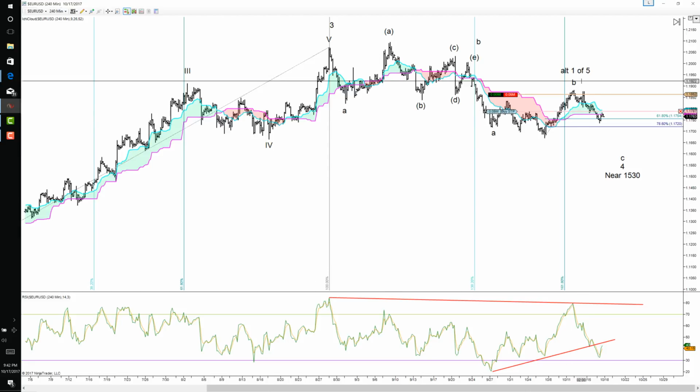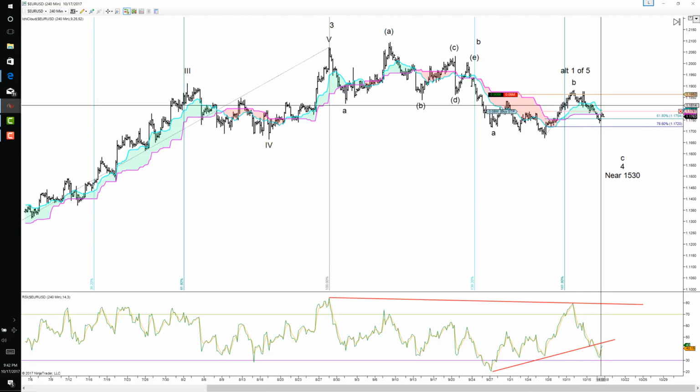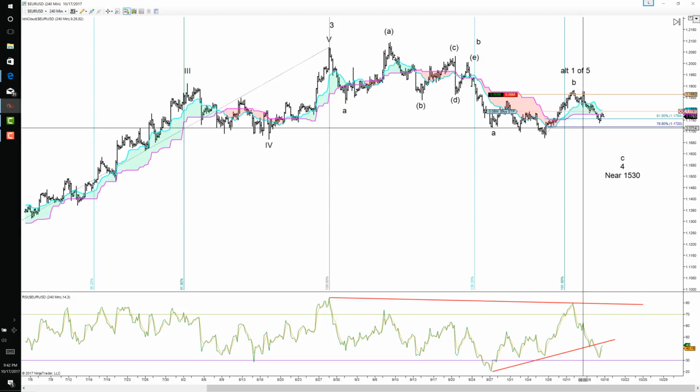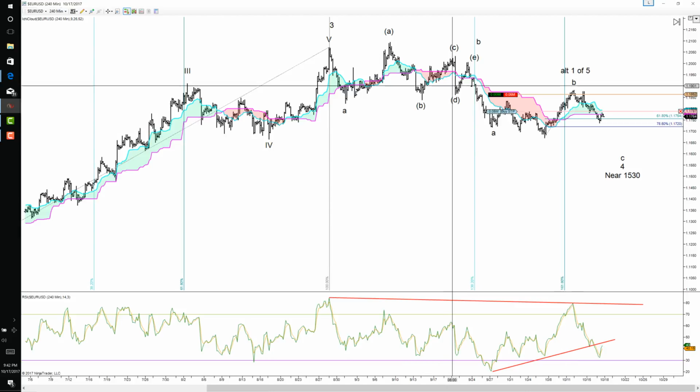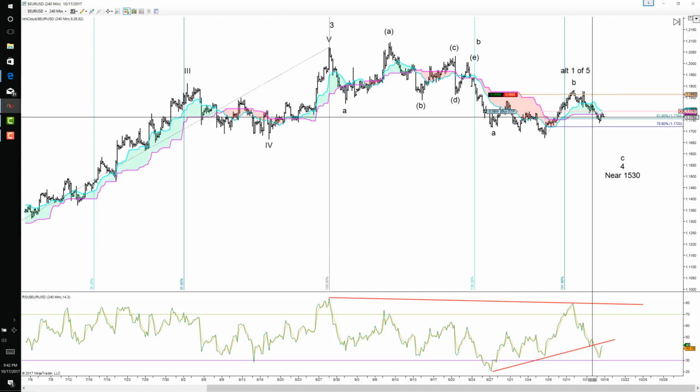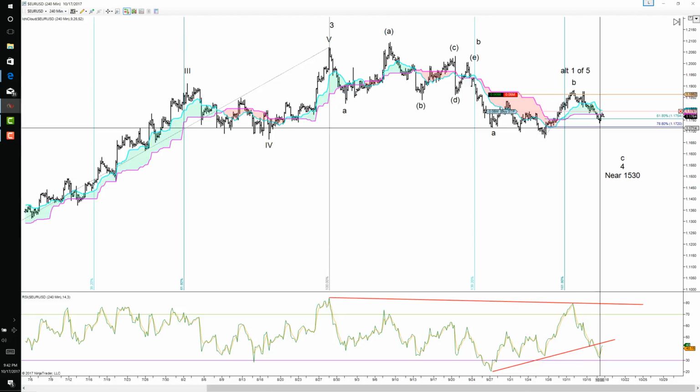So I am expecting price to do absolutely hardly anything for the next couple of hours, and then at around 1 a.m. Pacific Standard Time, which will be about 8 o'clock or so in the European time zone, when he speaks, during his speech or after his speech, this is where I expect volatility to occur.